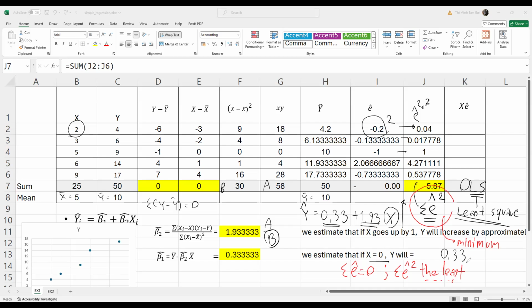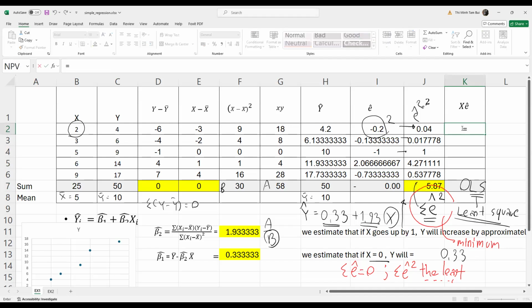And before we break, let's try the final cell, x e hat. So equals x, multiplied by e hat.